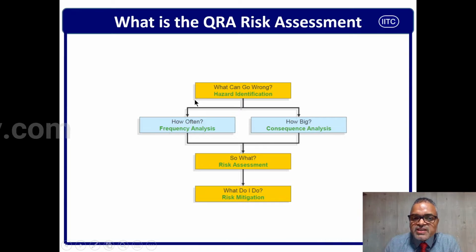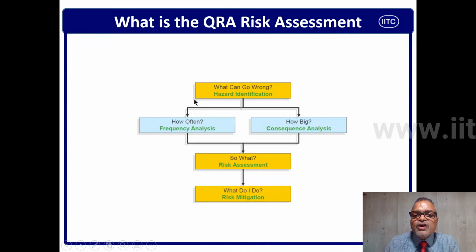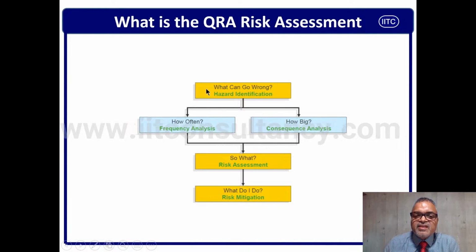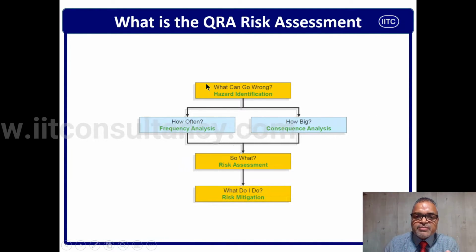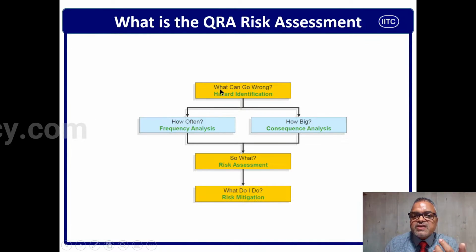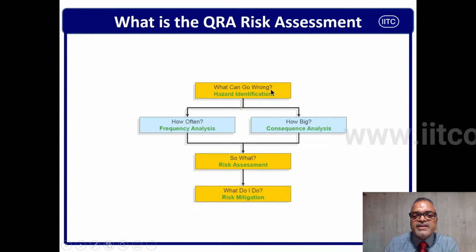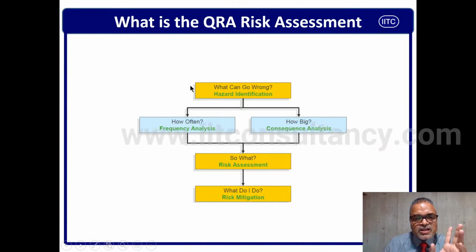Most of the time you know the hazard, if you are in the field of loss prevention, damage control, or you are a technical safety person. But from an academic point of view, this point, what can go wrong, can be identified from the hazard identification report. Correct? So this point is clear.